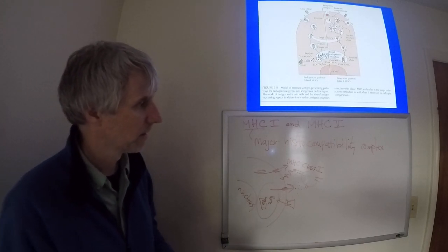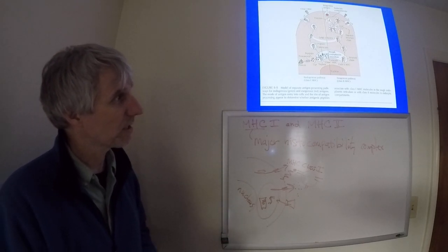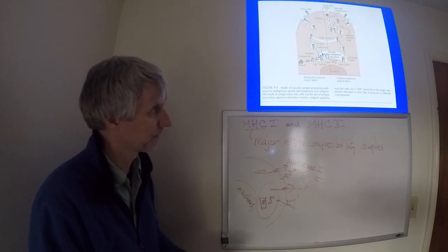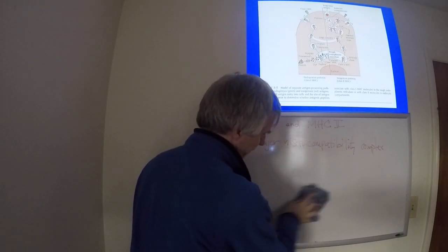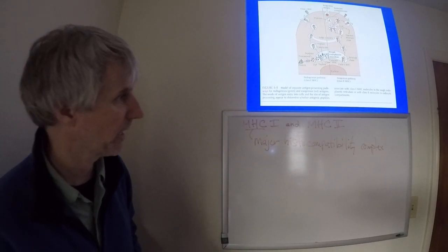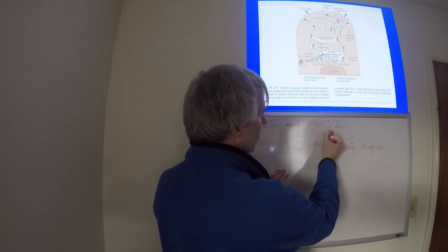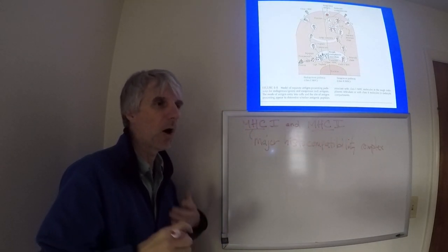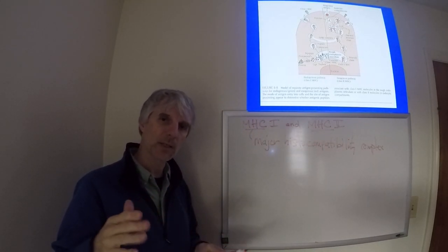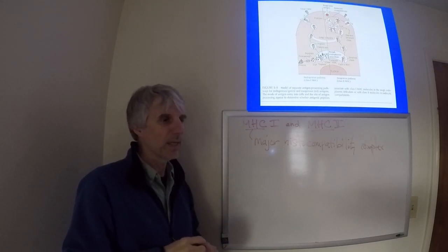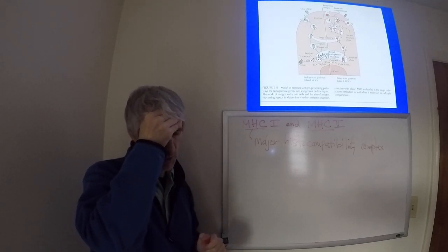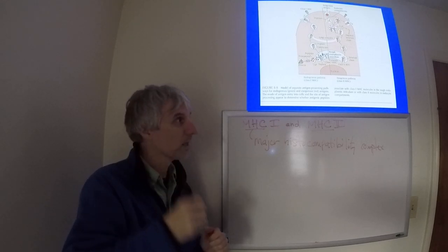Okay? All right, the MHC class 2 pathway. The other pathway here is a little bit different. Only certain cells have the MHC class 2, and these cell types are the ones that do phagocytosis.